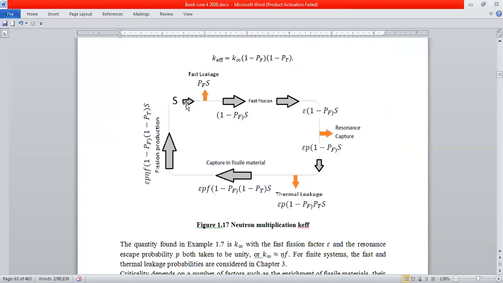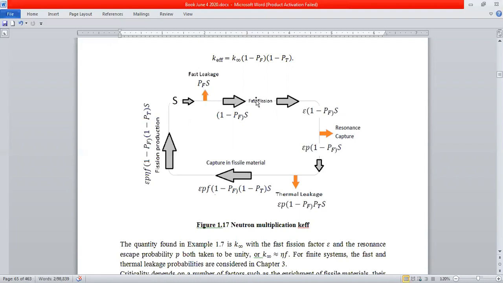So let's see, when they're very fast, then some of them leak out. If the probability of a fast neutron leaking out is PF, for example, let's say it's 30%, and you have a million neutrons being produced, 30% of a million is 300,000. So 300,000 neutrons would leak out, and the rest would stay in your system.